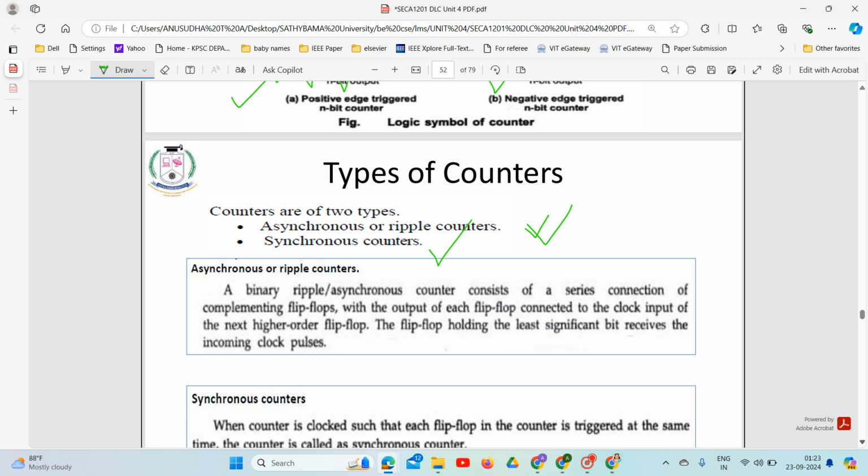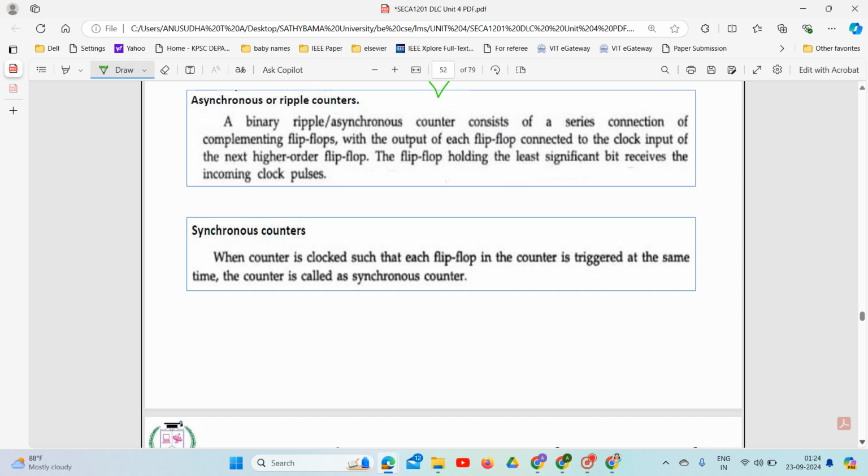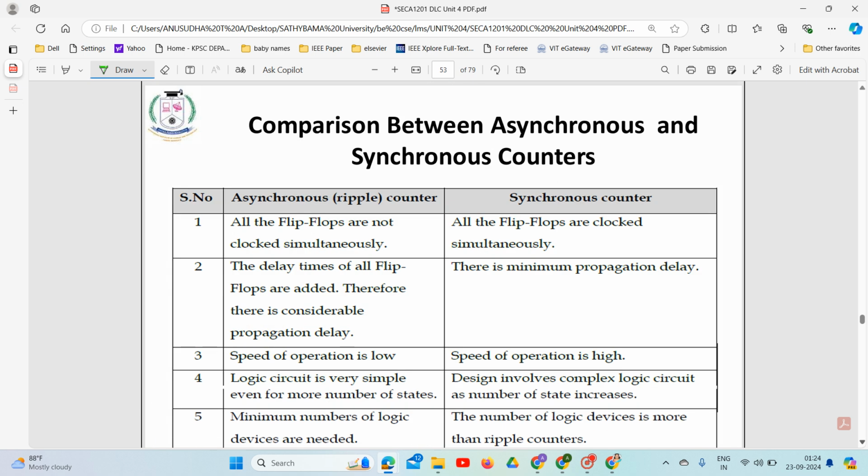In your CA2 exam, for 2 marks they will ask: compare synchronous and asynchronous counter. Here, as I said before, in the asynchronous counter the flip-flops are not clocked simultaneously. In the synchronous counter all the flip-flops are clocked simultaneously.